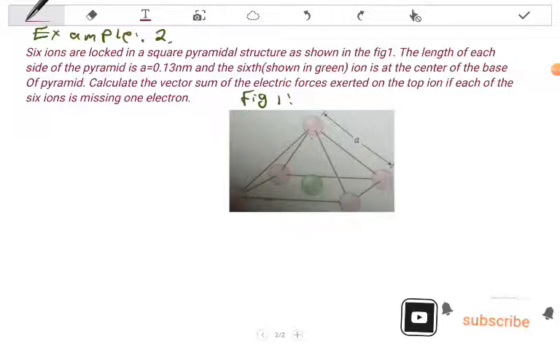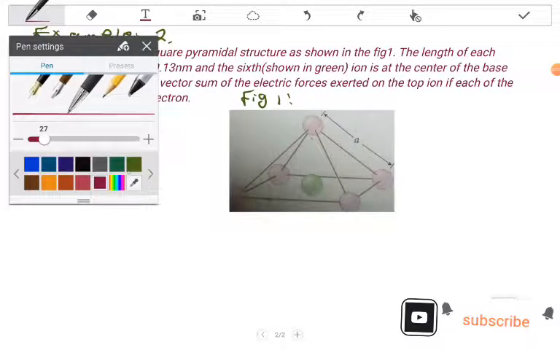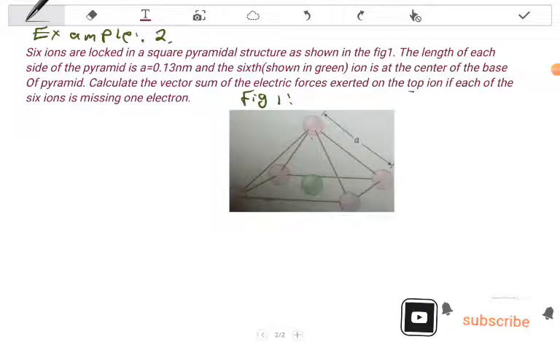Calculate the vector sum of the electric forces exerted on the top ion if each of the 6 ions is missing 1 electron. So the trick is here: each of the 6 ions is missing 1 electron.